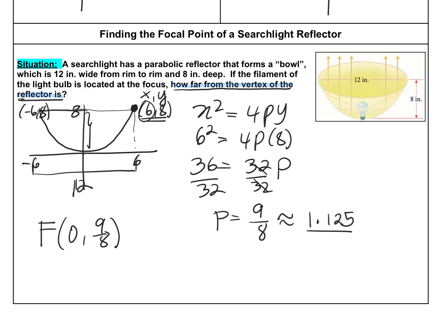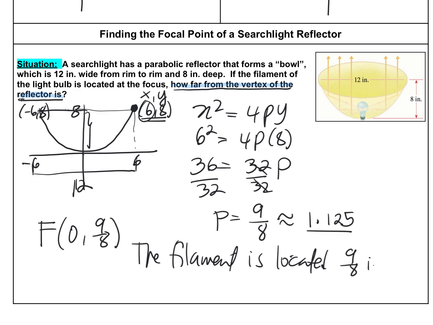Let's answer that one. The filament is going to be located 9 over 8 inches from the vertex of the reflector.